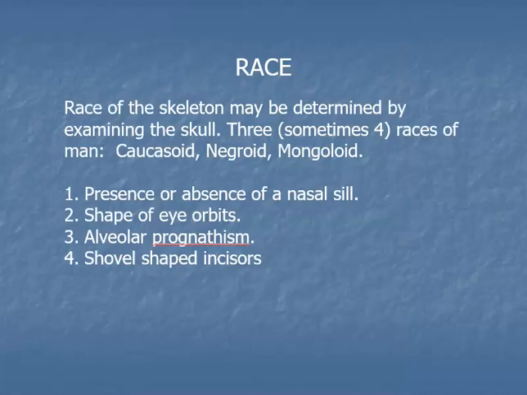Now, race of the skeleton could be determined by examining the skull. And actually, that's the best part of the skeletonized remains to determine race, is to look at the skull. Actually, the rest of the skeletonized body doesn't give you much information. The leg bones might give you some indication, but generally the skull is the best area to determine the race of the skeleton.